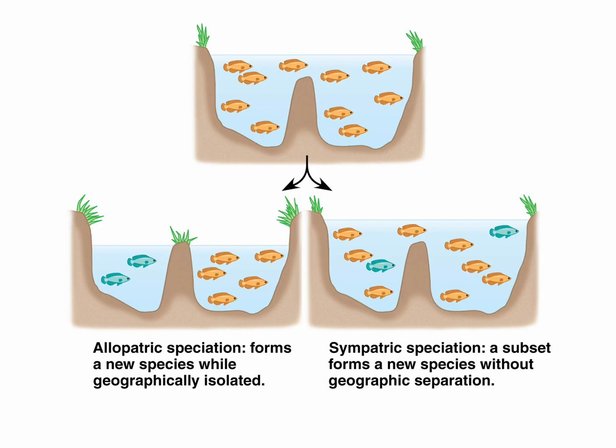Some fish will be cut off from other fish, just like we talked about before with allopatric speciation. In this example, you have a lake full of orange fish, and the water level goes down, and some of these geographically isolated fish are now going to start expressing that blue color. You could also have the sympatric case, where the species are not separated at all, but you have this blue coloration pop up. So these are the processes we're going to focus on.